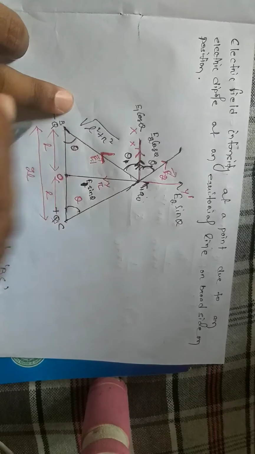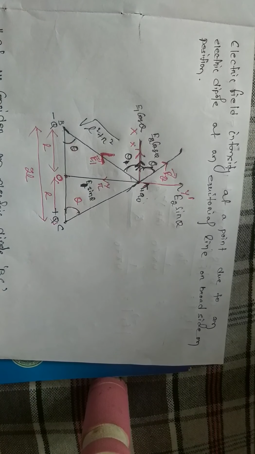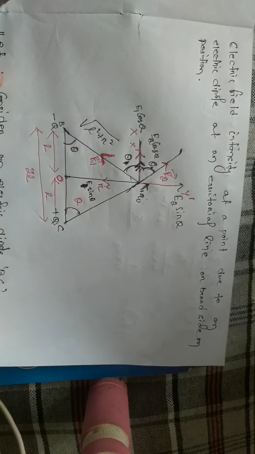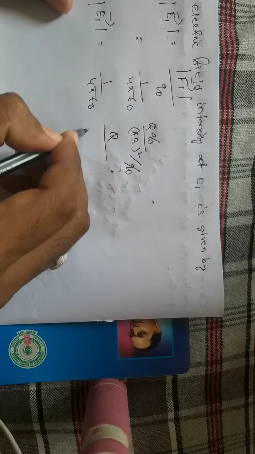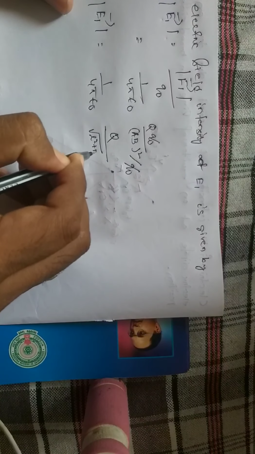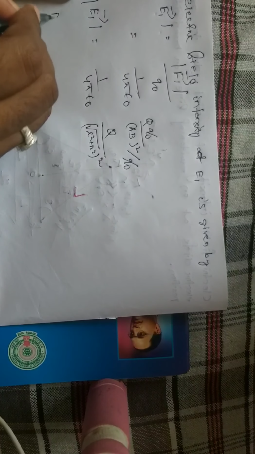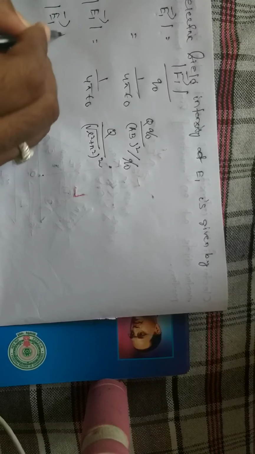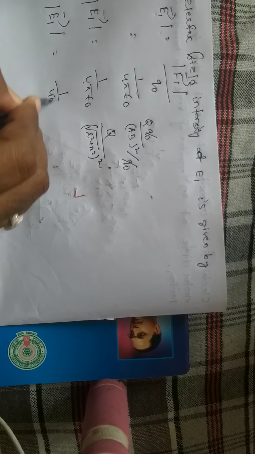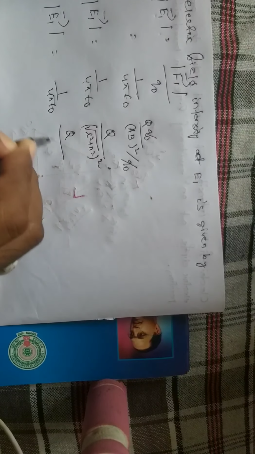So the magnitude of E1 equals 1 by 4 pi epsilon naught, q by L square plus R square. Equation number 1.